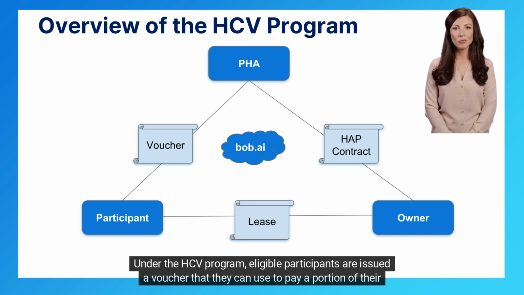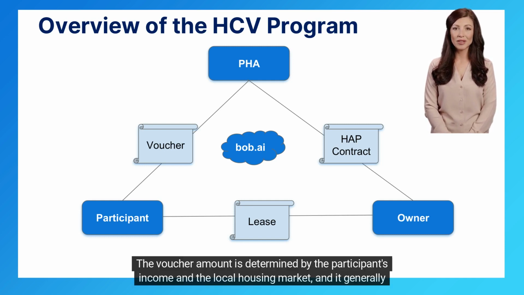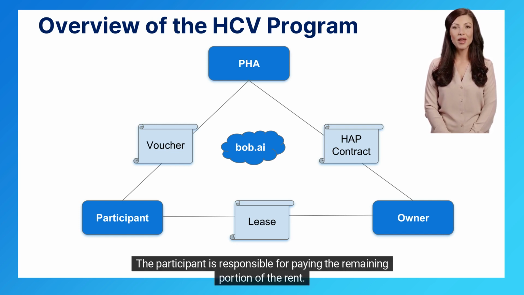Under the HCV program, eligible participants are issued a voucher that they can use to pay a portion of their rent to the landlord. The voucher amount is determined by the participant's income and the local housing market, and it generally covers between 30% and 70% of the rent. The participant is responsible for paying the remaining portion of the rent.